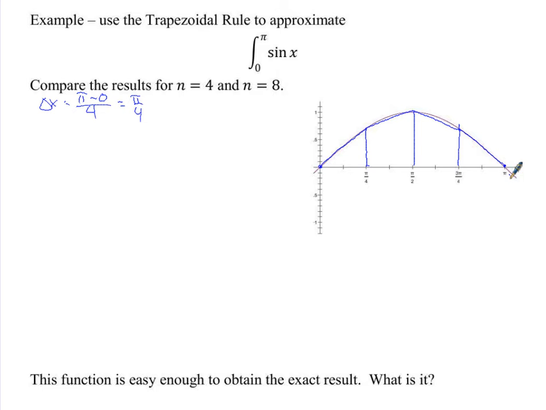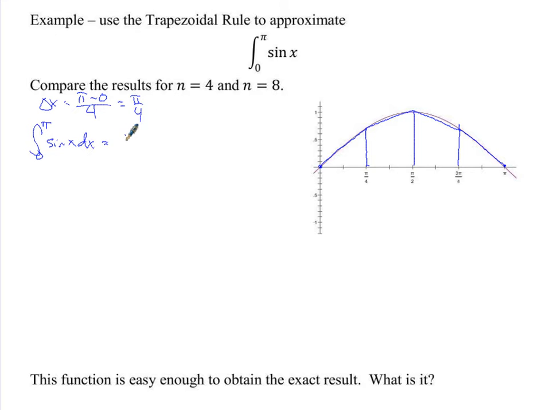So now I have the integral from 0 to pi of sine x dx equals what? Pi over 8, good. This is delta x times 1/2.